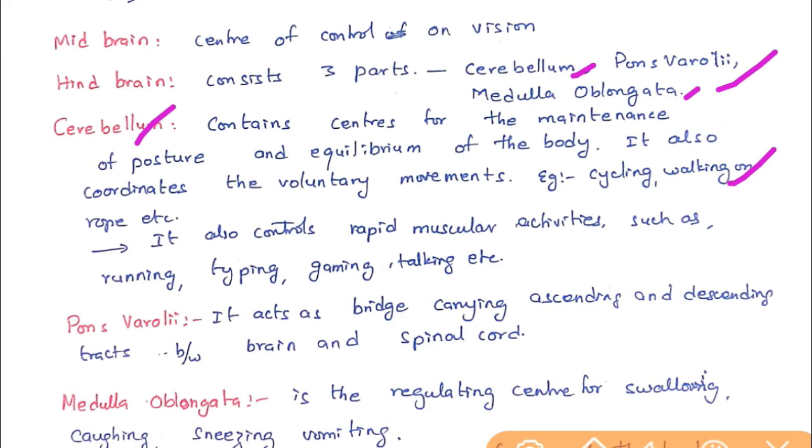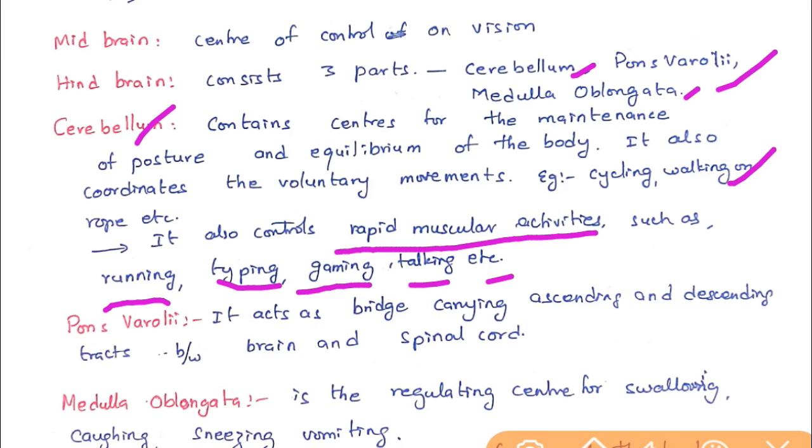It also controls the rapid muscular activities such as running, typing, gaming, talking, etc. We don't have special control over that. When you are running, you don't think that after the first left leg I have to take up the right leg and push on.